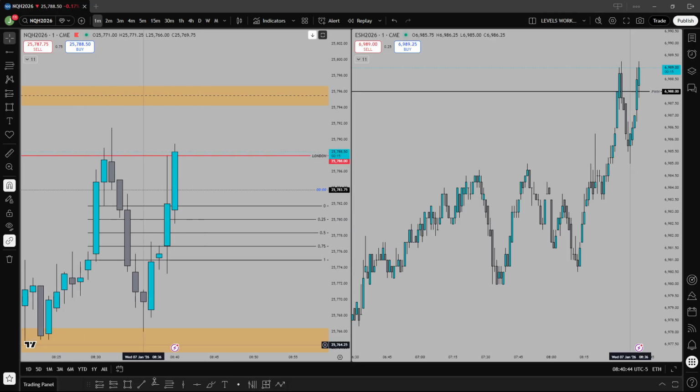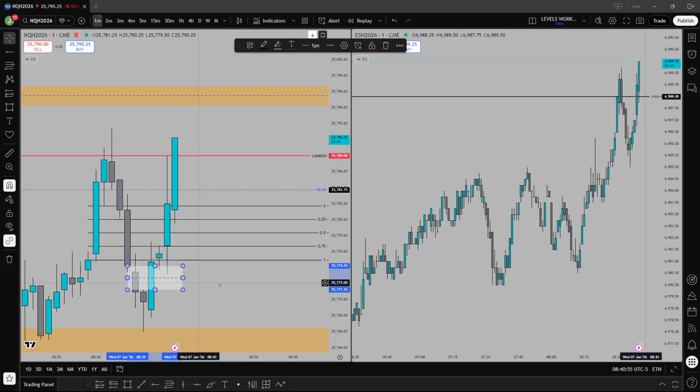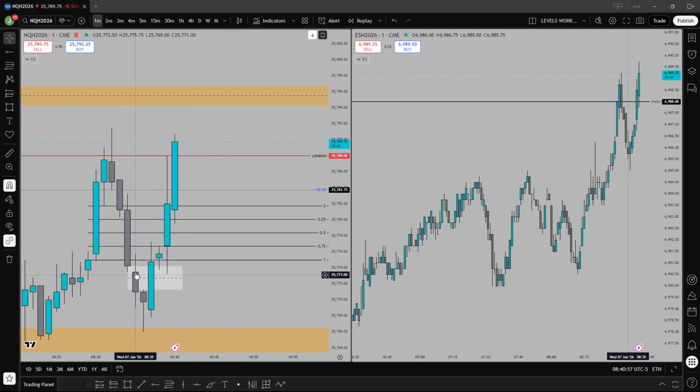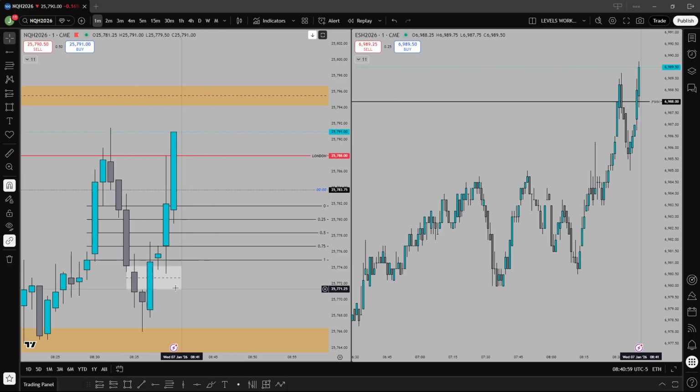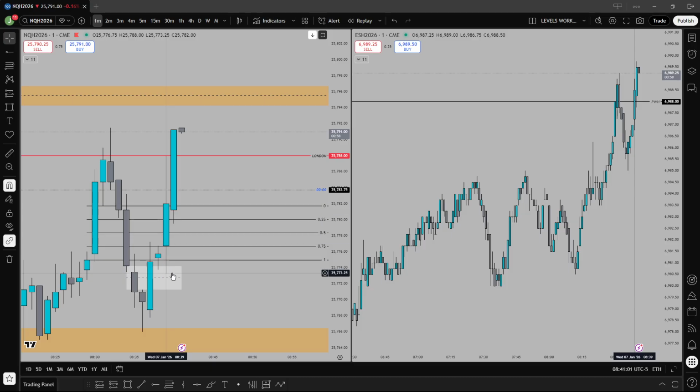Again, the focus is on this gap. We inverted it. We tried to come into this gap, couldn't even close in this fully. And then we get this reaction off of the upper quadrant of this inverted 1 minute fair value gap.